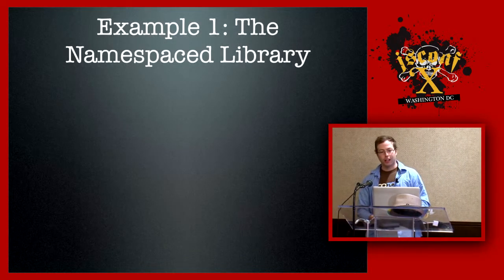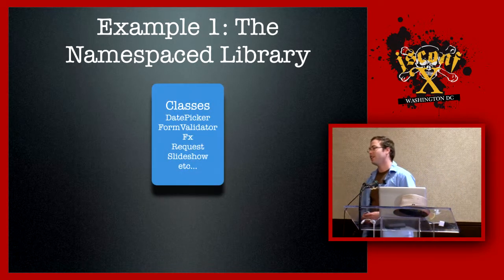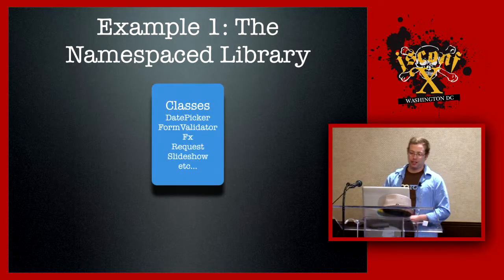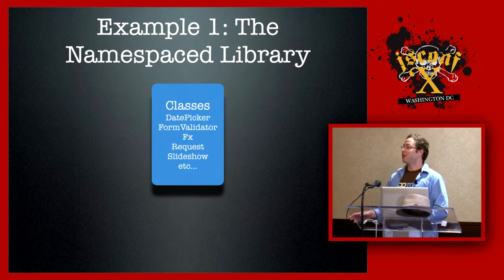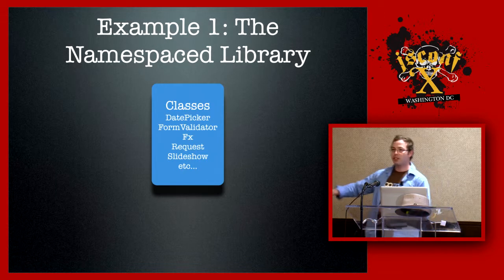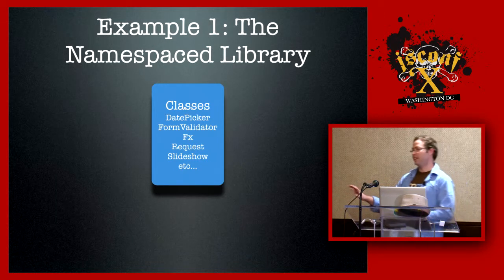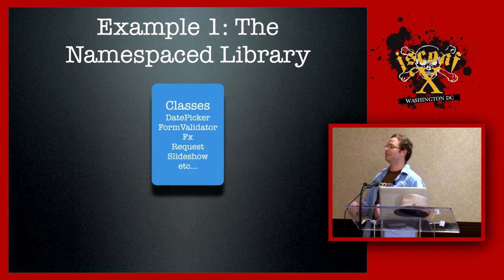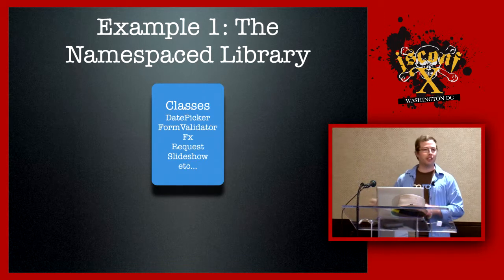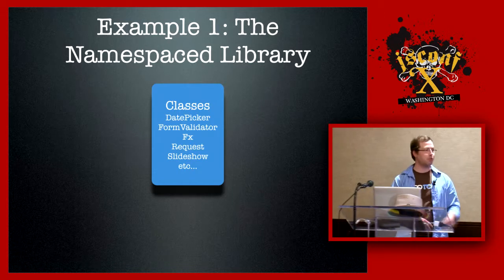So I'll give you an example. A couple of years ago when I was writing JavaScript, I thought of, I have these things called classes. And that's a loose term I'll talk a little bit more about, but it's not really a class in the classical sense of programming. But these objects that I can instantiate, one's for date picker and one's for form validator, one's for tabs, whatever.